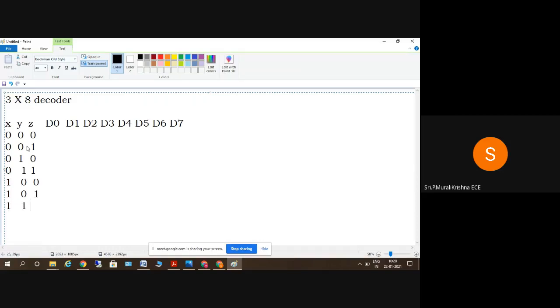So these are the things you have to do first. First of all, the input combinations: you gave 3 inputs, you gave 4 inputs. So first of all, you have to do all those things. Only one output will be active. First, D0 is active and the remaining are all zeros. Next, D1 is active.